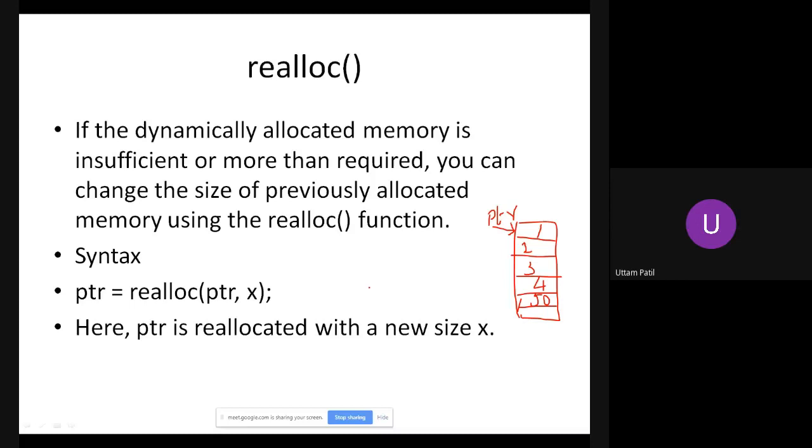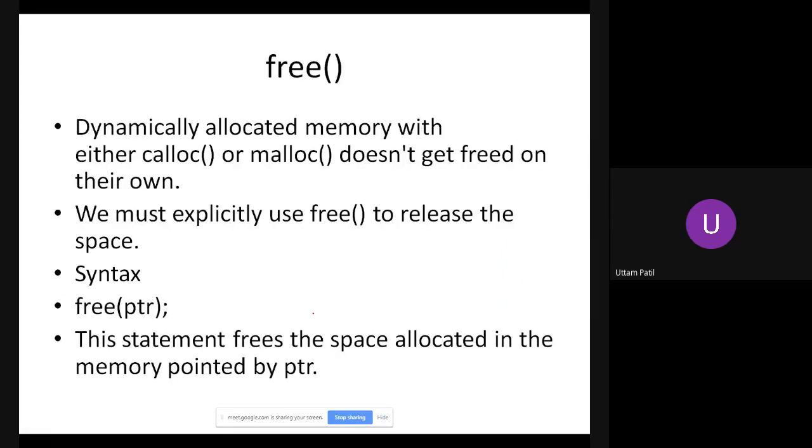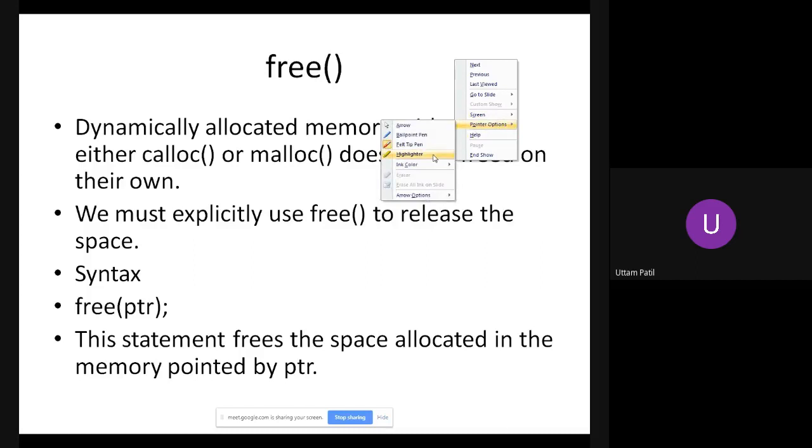Okay, good. Then once the memory is allocated to our program, we have to deallocate it. It will not get deallocated on its own. Dynamically allocated memory has to be dynamically deallocated. That can be done with the function free.